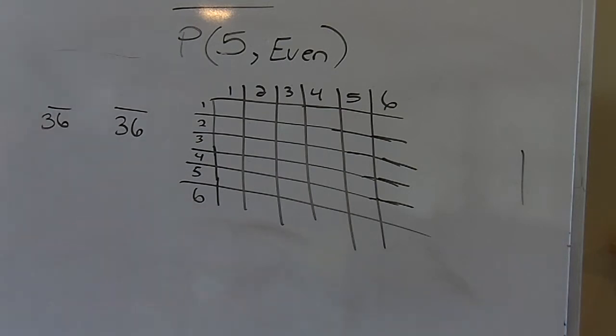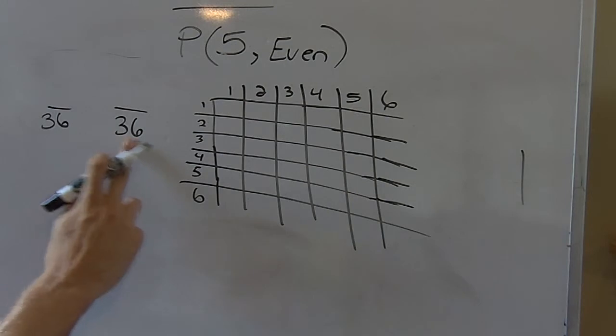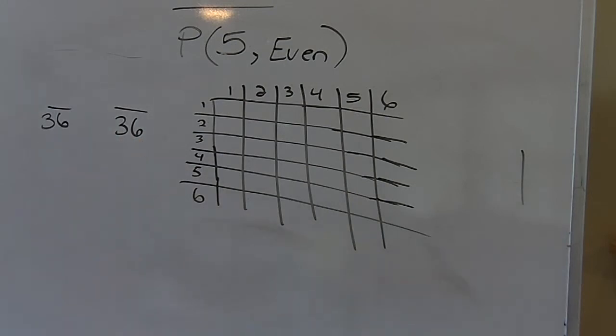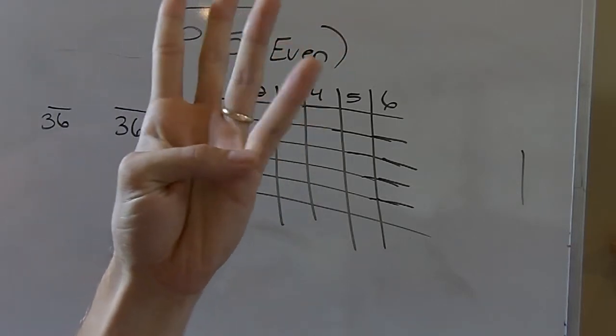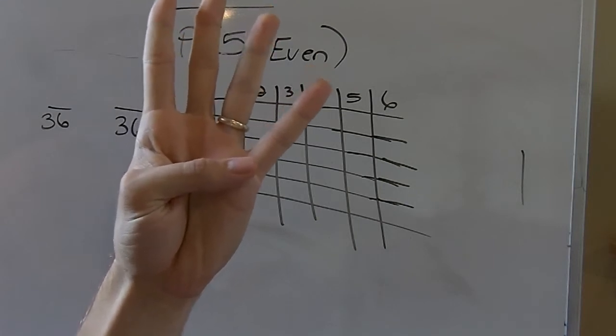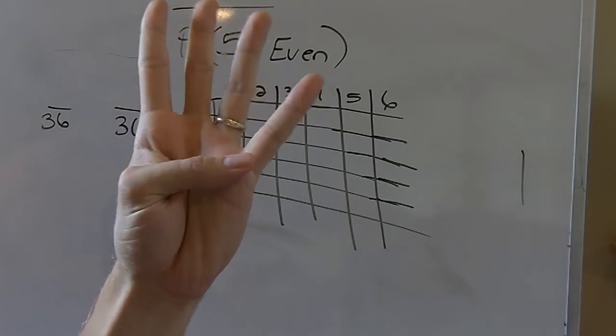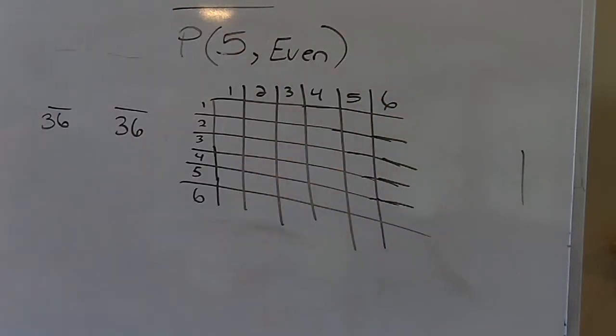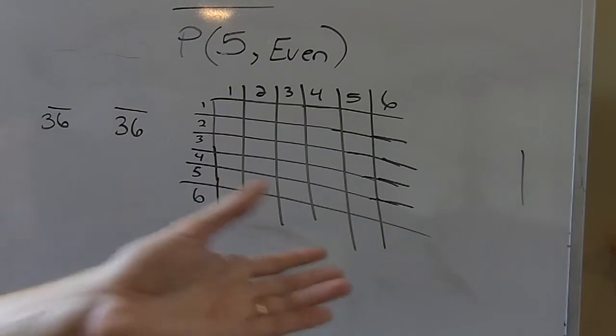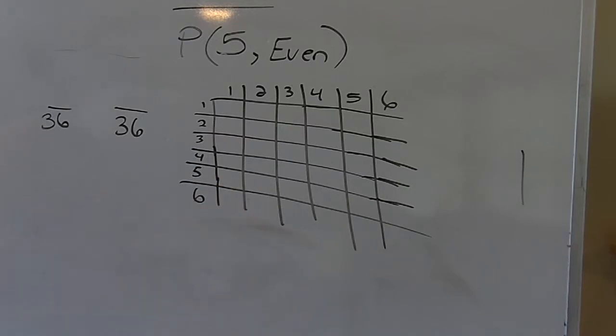Every other number is even, so obviously, since there's an even number of sums, half of the sums have to be even. If you have 4 numbers, 1, 2, 3, and 4, half of those numbers are even because 2 and 4 are even. So as long as you have an even number of sums, you have an even number of even sums, if you can kind of catch what I'm saying there.